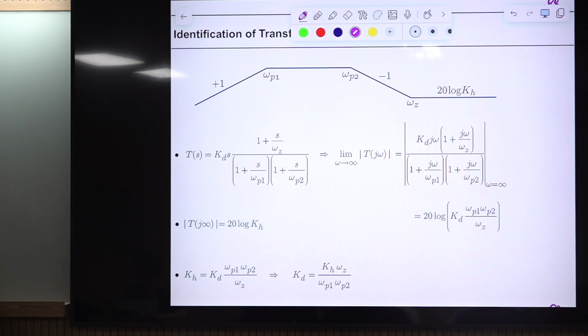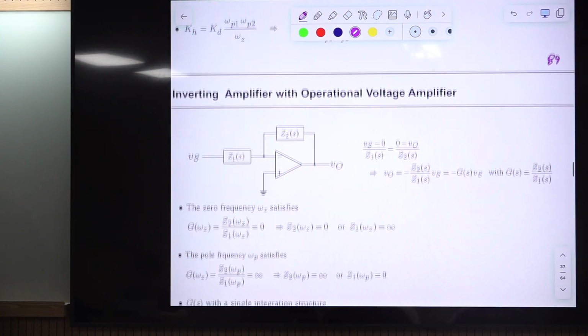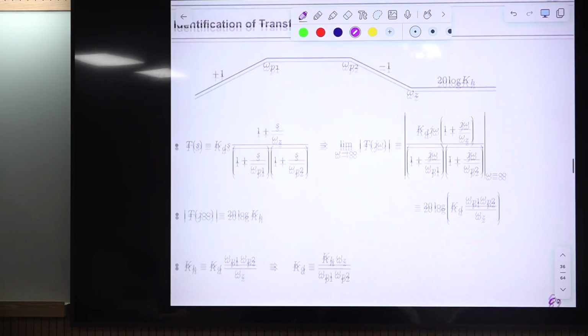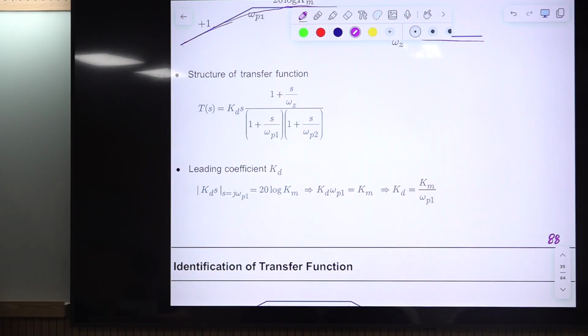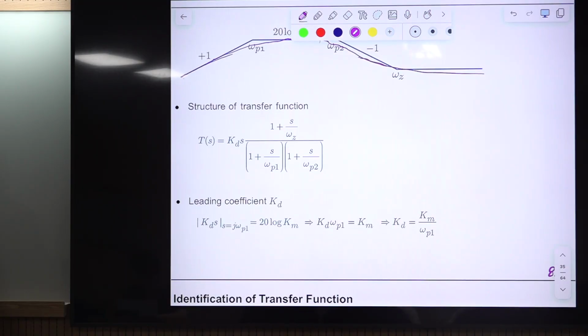We'll cover that later. Most of the later material is based on this kind of approach, the asymptotic Bode plot, and this design-oriented analysis, which is very useful.